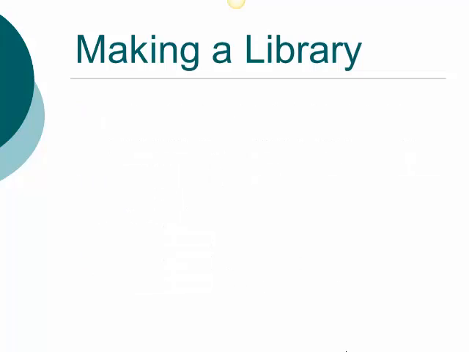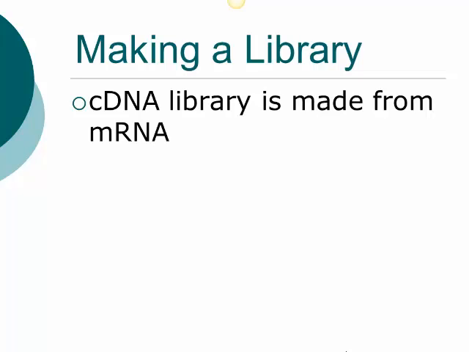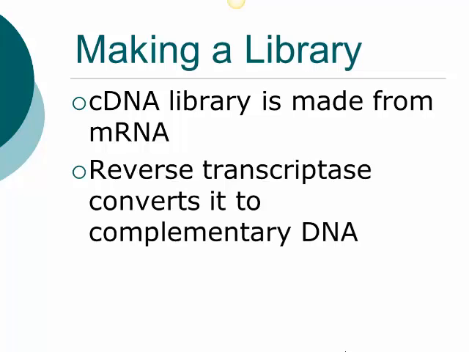So a cDNA, which is C stands for copy, is usually made for purposes of determining what the codes of different proteins are that are important. And this is made from messenger RNA. I want you to think about messenger RNA. What is that? Well, messenger RNA is what is being made by a given cell, correct?